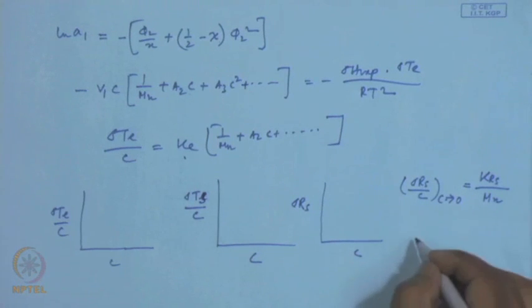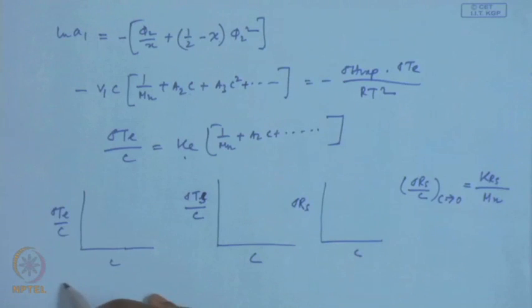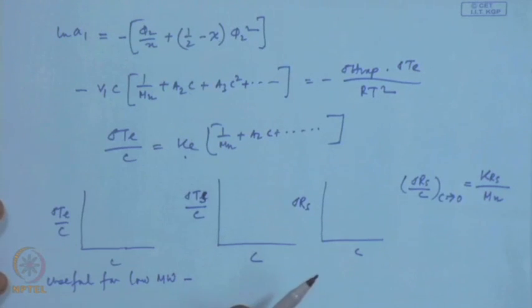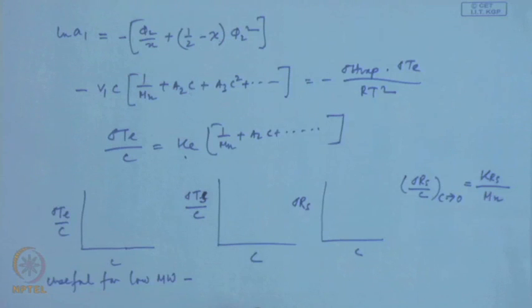This is a very useful method for low molecular weight samples, because if you go for higher molecular weight, then the increase in temperature is very low. So, we do not have the techniques to determine such a low temperature difference between the thermistors.